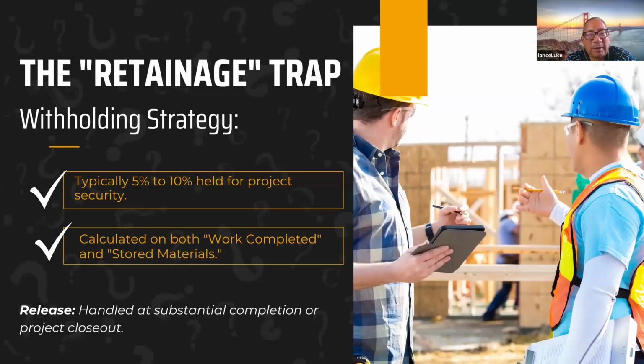So typically it's 5 to 10% of the entire contract amount for the project as security to make sure that everything's finished. And it's calculated every month. So no matter how much is being billed every month on the pay application, if the retention is 10%, 10% is held back from the total amount being billed for.